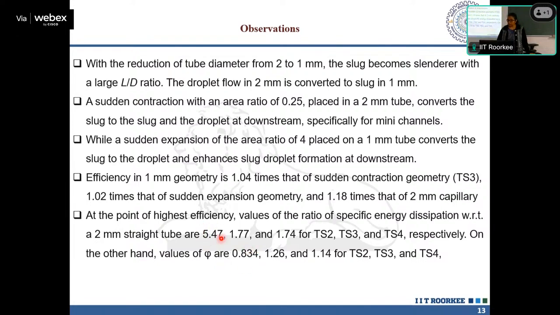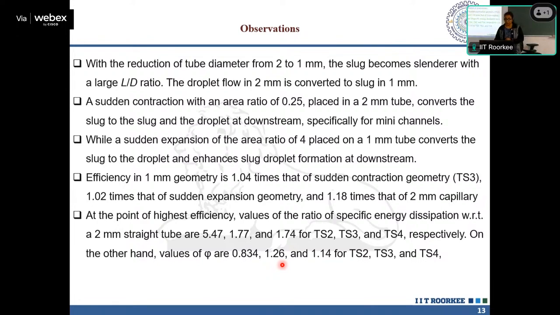So TS2 consumes more energy, giving you a smaller increment in mass transfer coefficient. Higher values are noted for TS3 and TS4. These values are close by, and from here we have a higher value for TS3. So what is TS3? Do you recall?